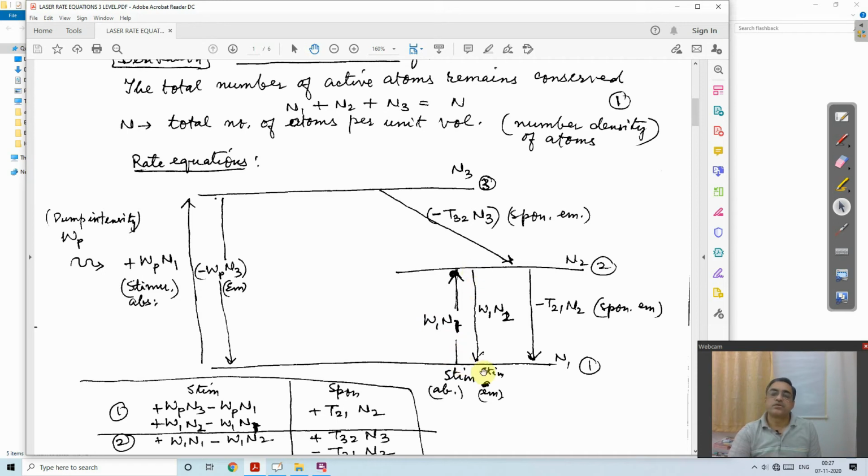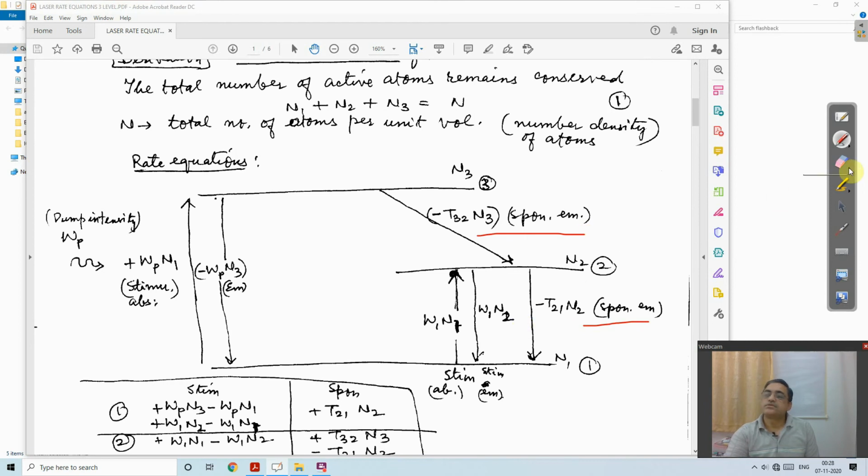Similarly, a downward transition, because stimulated is a two-way process and spontaneous is a one-way process. So here T21 decays at level N2, which is again spontaneous.